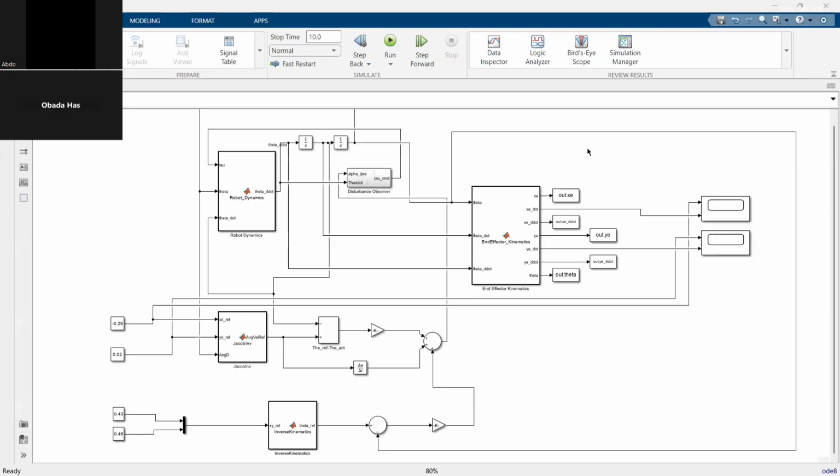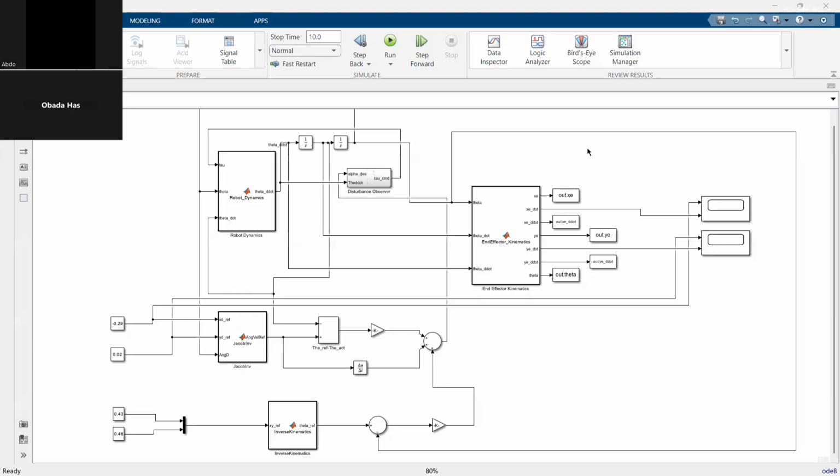Since these velocities are in Cartesian space, we use the Jacobian inverse to convert them into desired joint velocities. Then the controller compares the desired joint velocity with the actual joint velocity. The difference is the velocity error.